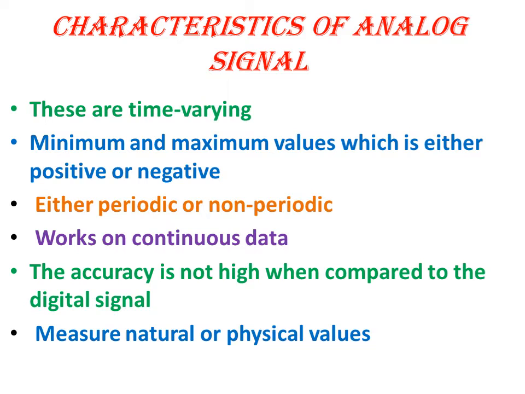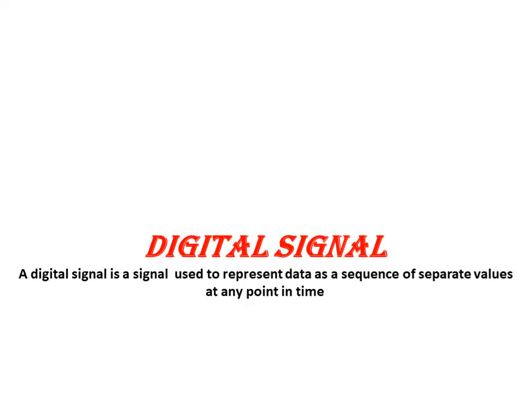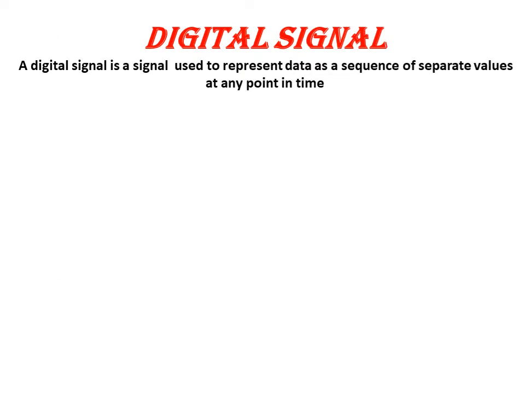So moving towards the digital signal. A digital signal is a signal that is used to represent data as a sequence of separate values at any point in time. It can only take on one of a fixed number of values.